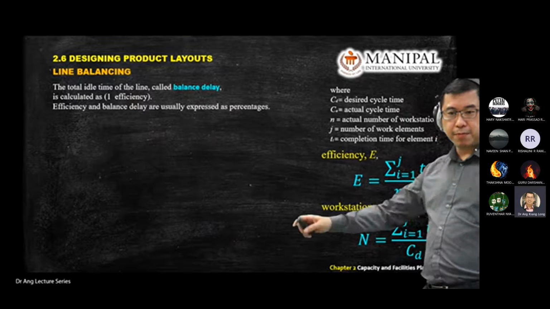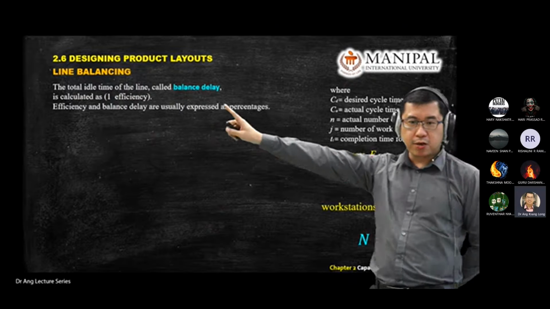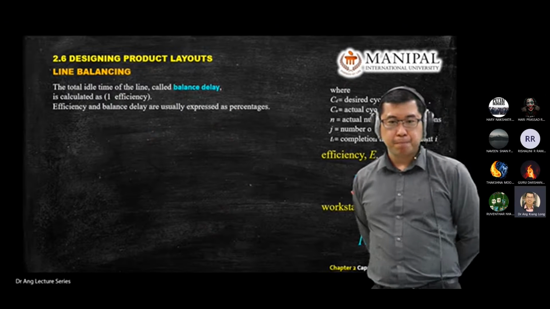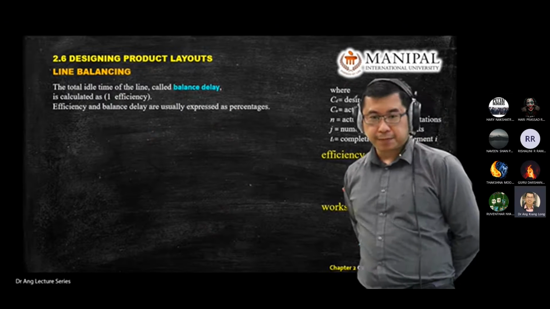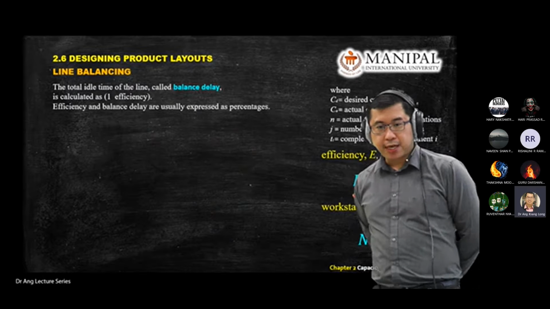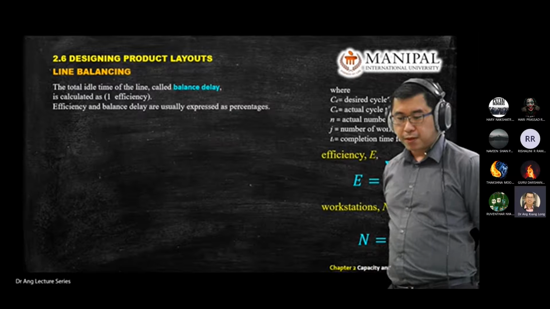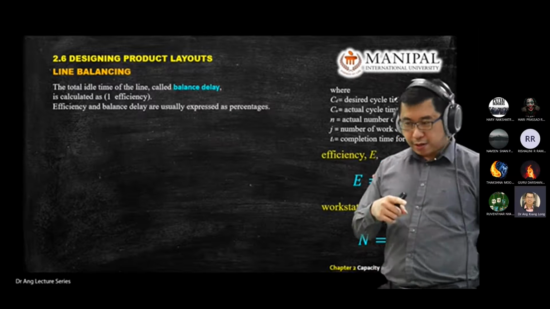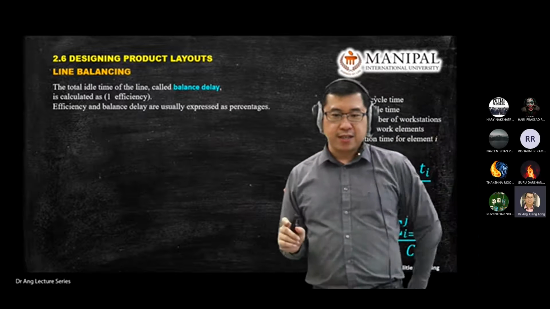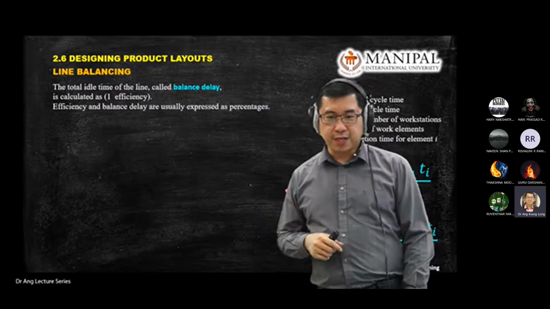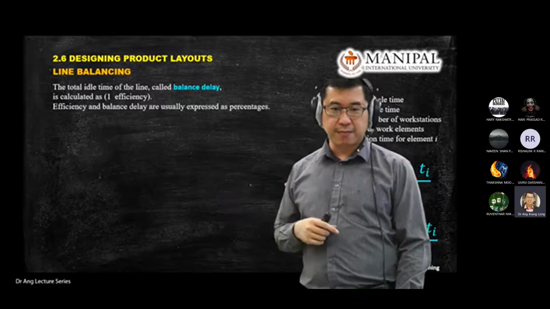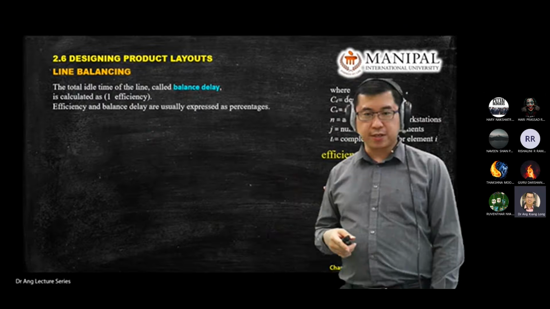There's one more term before we go into there. It's called balance delay. The word delay itself means that when you have some production line, let's say the machine broke down, what is the delay time for that? You talk about efficiency, right?